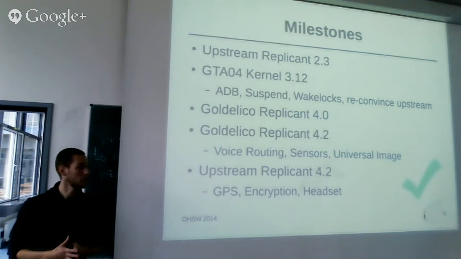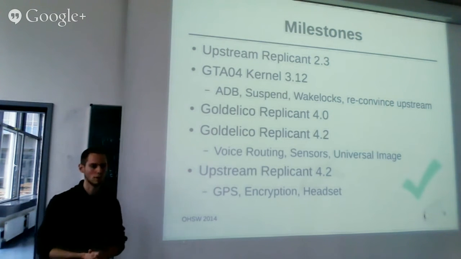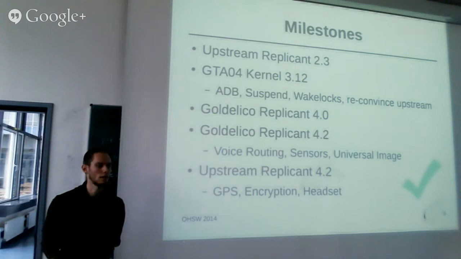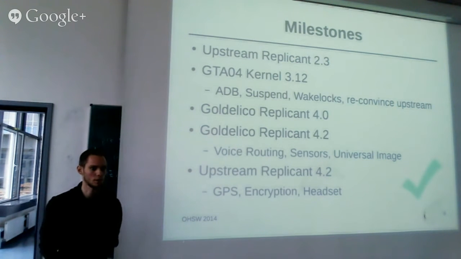The Replicant developers tried to somehow use the 3.0 kernel to port the Android kernel and integrate all the drivers needed for the GTA04, but they failed. It was very hard, and at some point they were so disappointed that they dropped the support for GTA04, so the GTA04 wasn't supported by the Replicant project anymore.